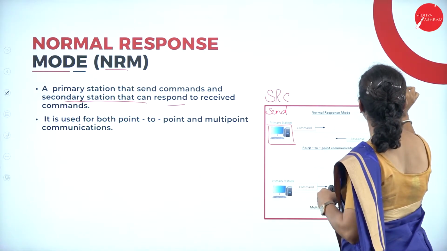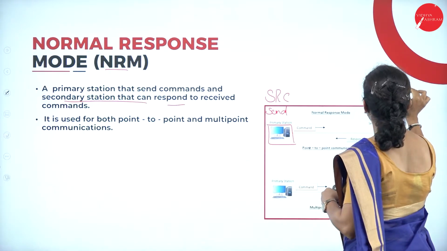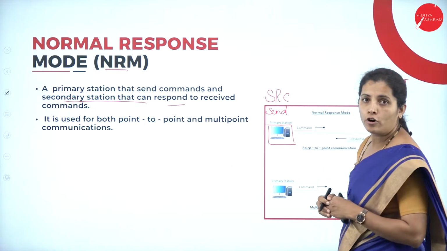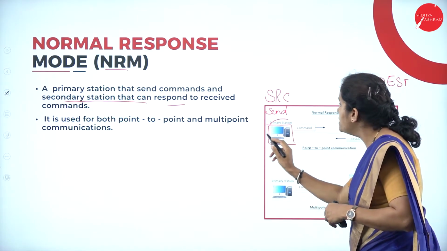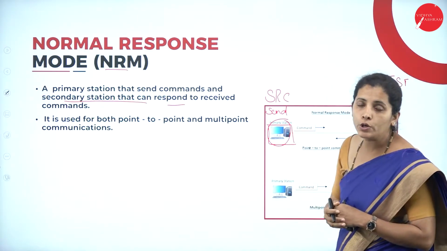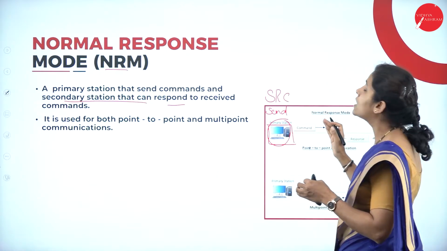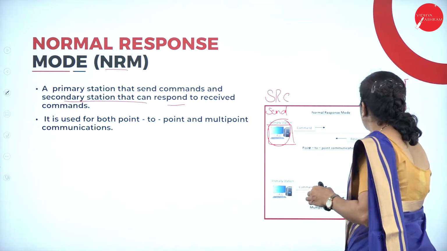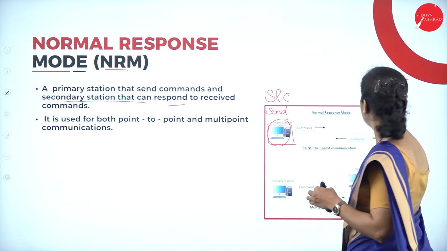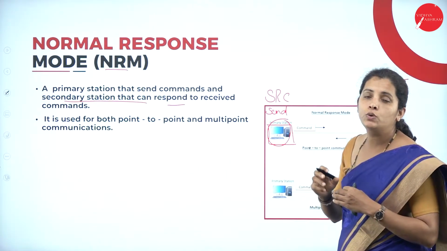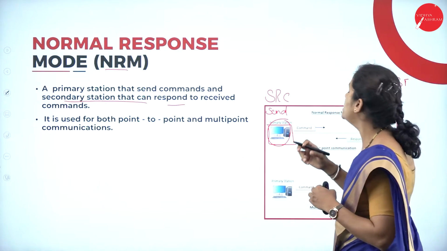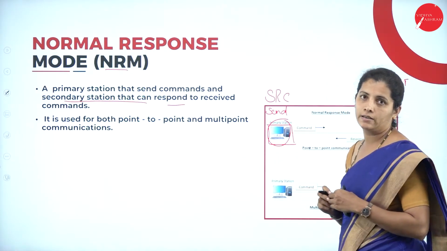I'll write DEST. According to the definition, the primary station is going to send the command to the secondary station, and the secondary station is going to respond to the received command.